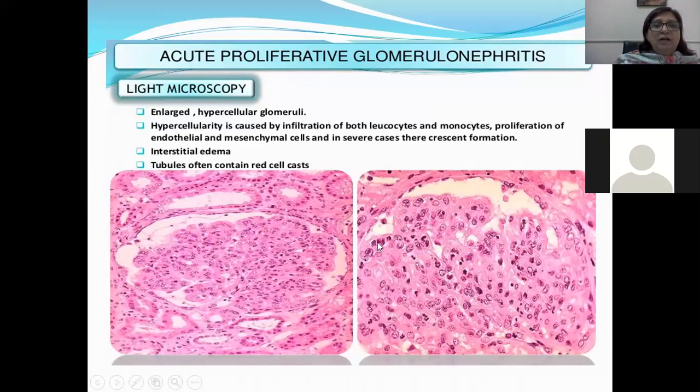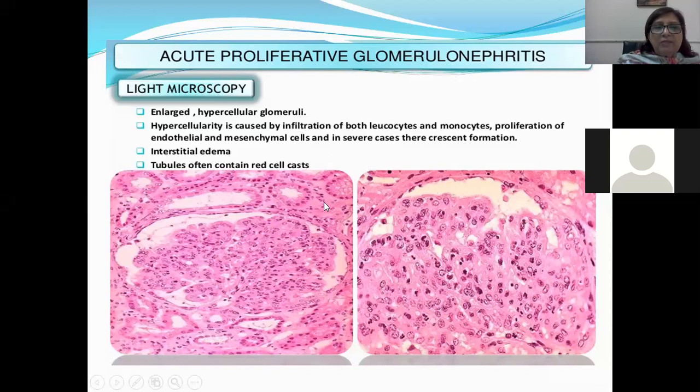So you see a large hypercellular glomerulus. Hypercellularity is caused by infiltration of both leukocytes and monocytes, proliferation of endothelial and mesenchymal cells, and in severe cases there will be crescent formation, which is not seen in this diagram, and is only rare.